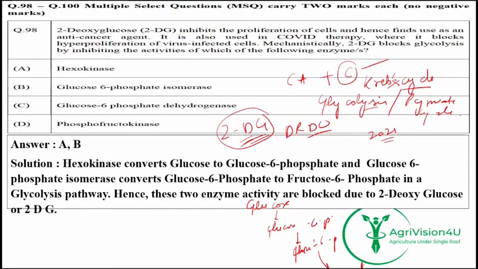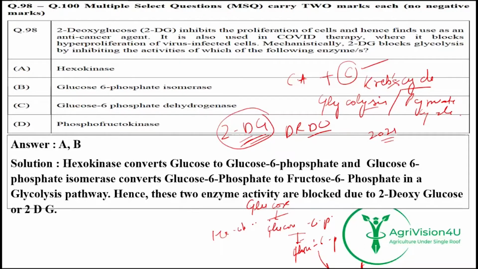So in the first step where glucose is converted into glucose 6-phosphate, we have hexokinase enzyme. And the second step, we have glucose 6-phosphate isomerase, which converts glucose 6-phosphate to fructose 6-phosphate. Fine.